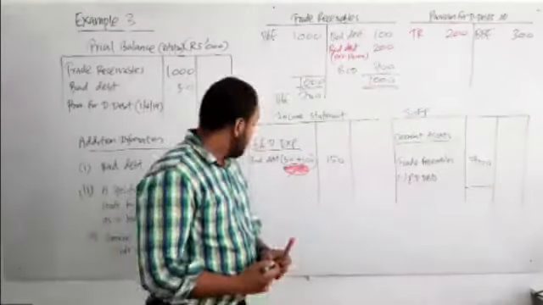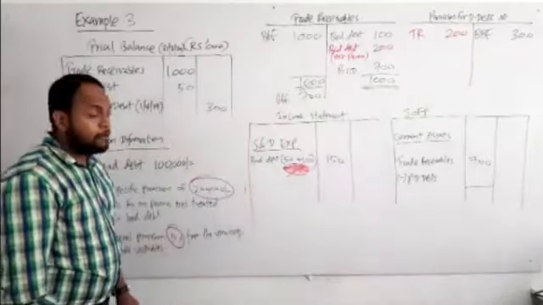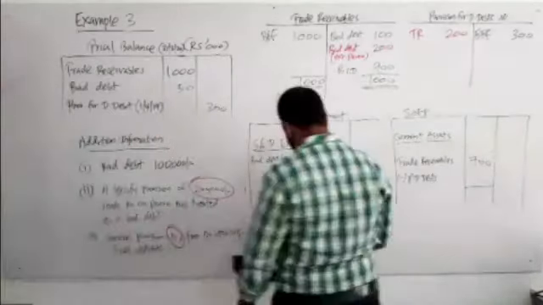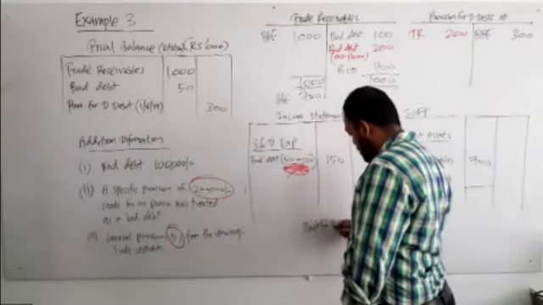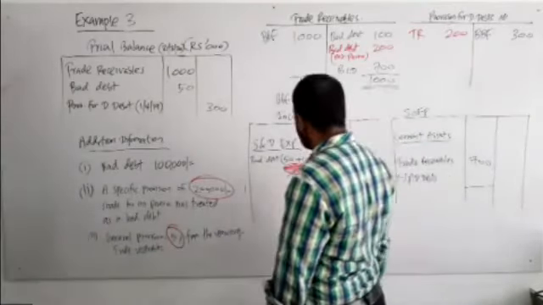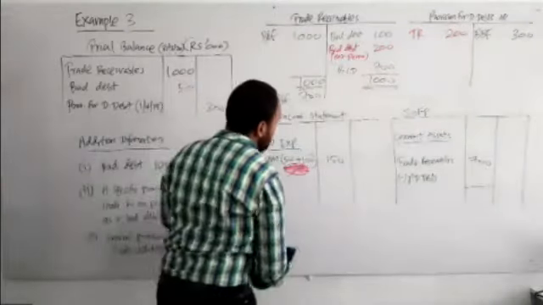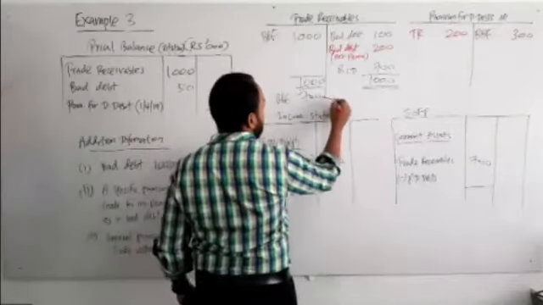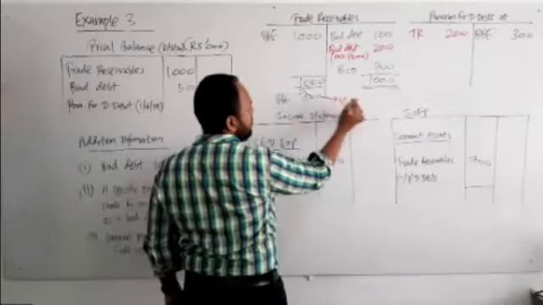Therefore, we calculate general provision of 5% for doubtful debt, 5% out of 700,000. 10% is 70, 5% is 35.